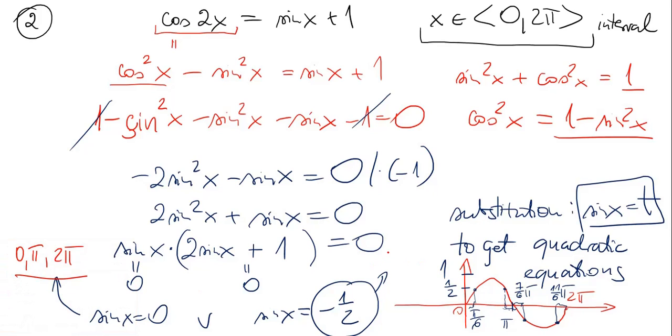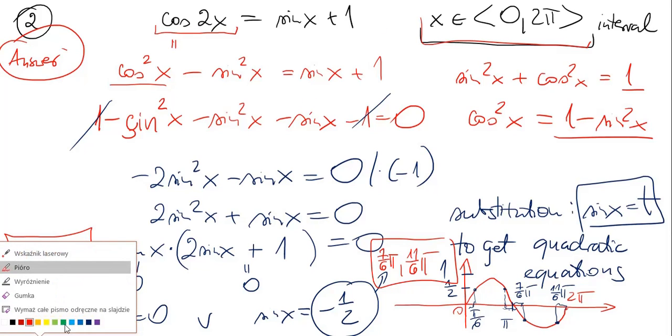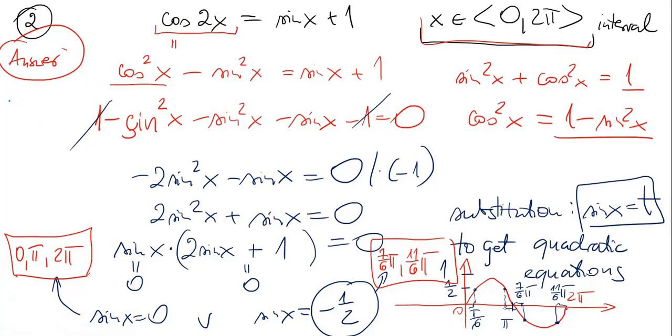So we have to add pi over 6, and on the right side we will have to take 2 pi and subtract pi over 6, and it's going to be 12 over 6 minus pi over 6, which is 11 over 6 pi, and there you go. And we have those 2 points between 0 and 2 pi.